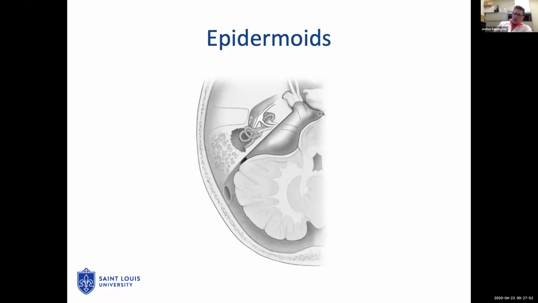And so oftentimes these patients will need to have repeated surgery. One of my mentors at Loyola, where I trained, John Leonetti, used to joke they wished he could put a zipper on the back of the head of epidermoid patients because you have to keep going back in there just to get it taken care of.